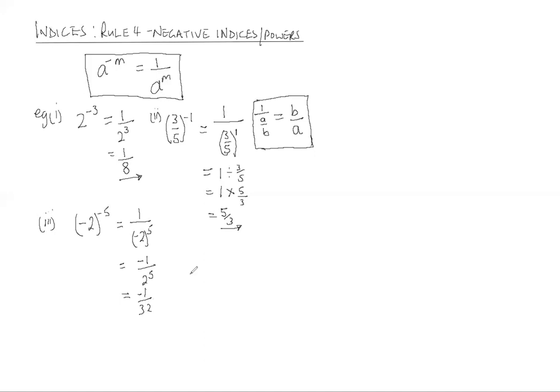Okay. So minus 1 over 32 becomes our answer in this case. Someone might write it as 1 over minus 32. Still all right, but it's much wiser to write it as minus 1 over 32.